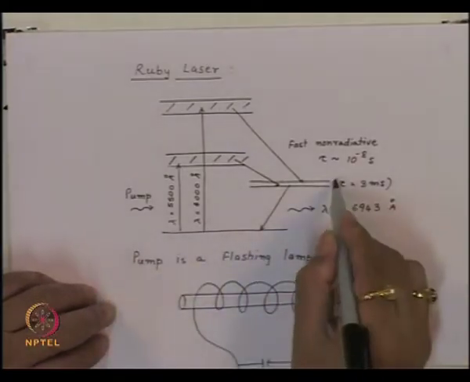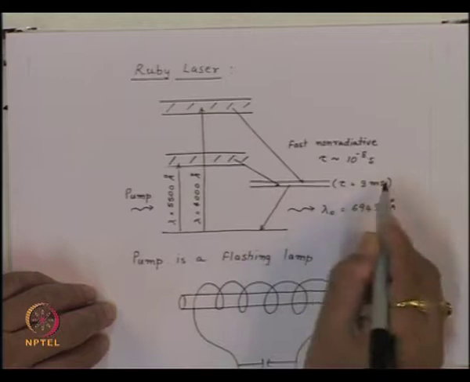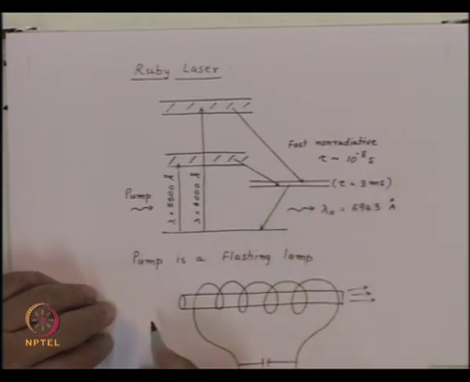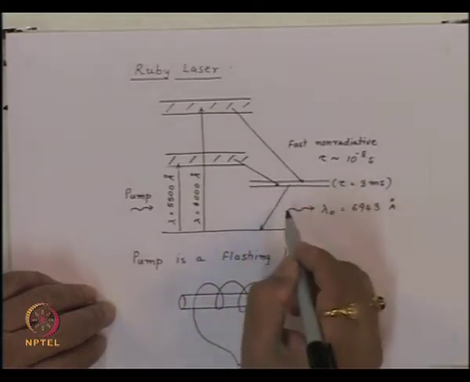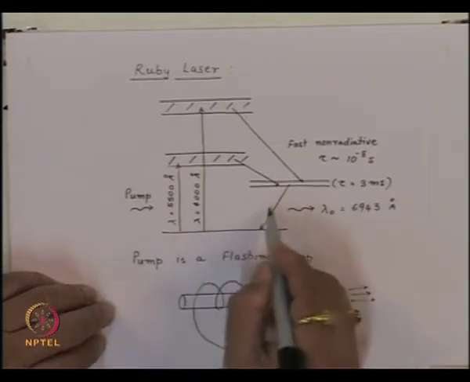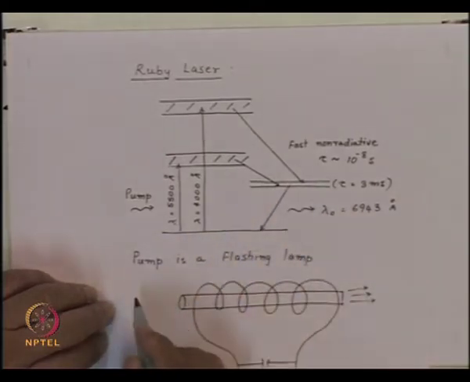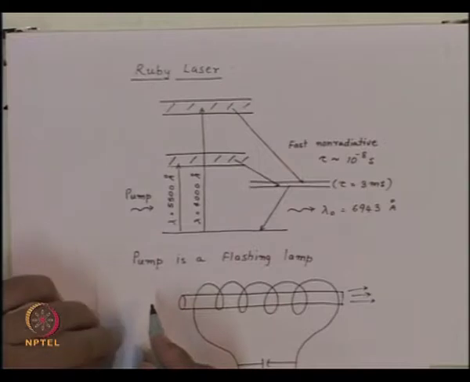And since the lifetime of electrons is much larger in this energy level, essentially the electrons wait till the photon comes and can stimulate the process of the downward transition.